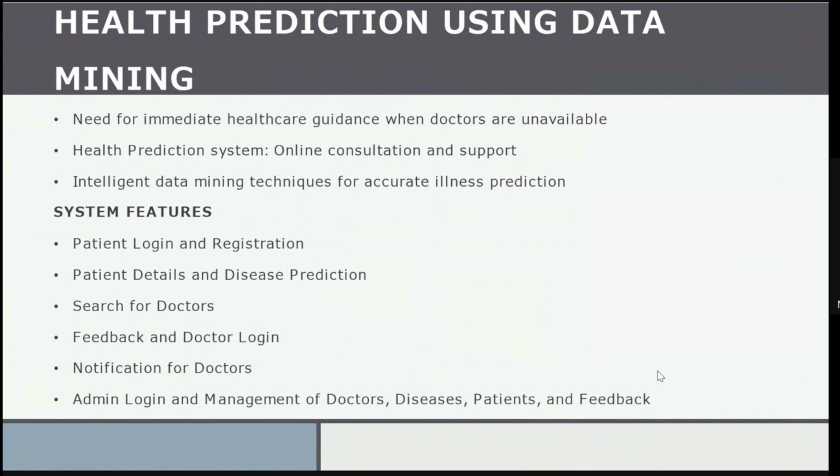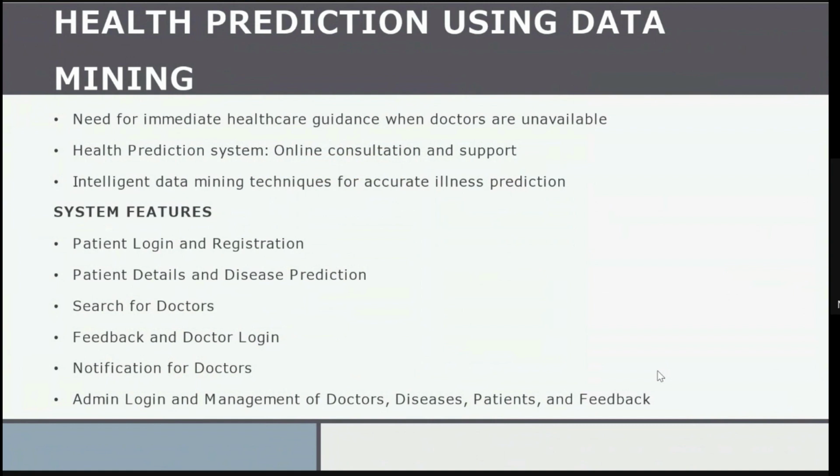Okay, some of the system features like patient login and registration. So you may give the patient access to his or her records. You can have patient details there, disease prediction, search for doctors. You can also take the feedback. Then the doctors can also log in. Then you can have the notification for doctors, and then you can have admin login and management of doctors, diseases, patients, and feedback.